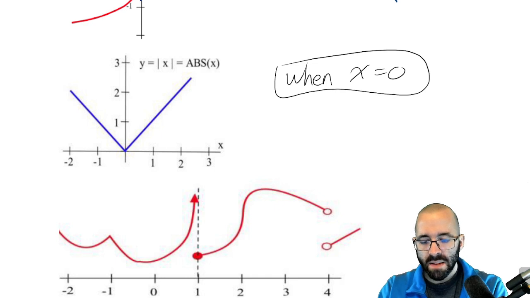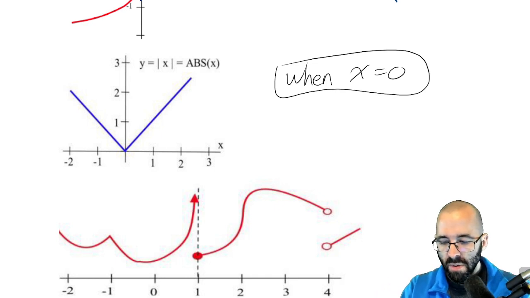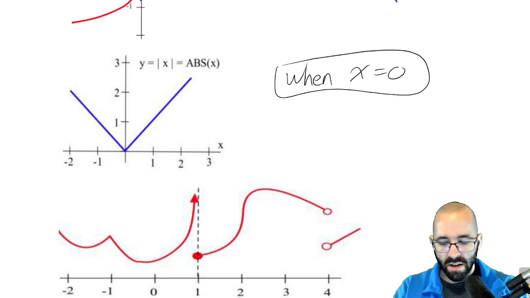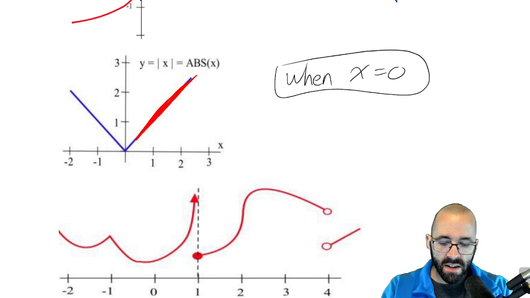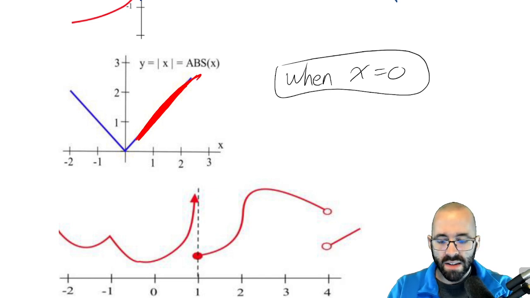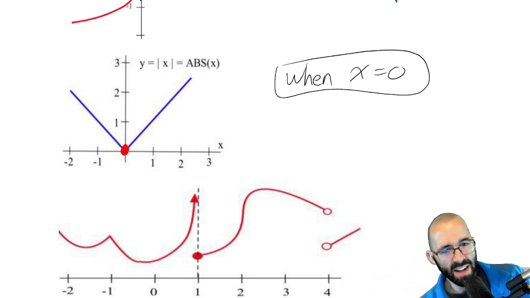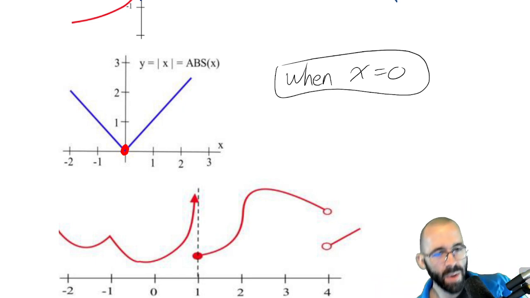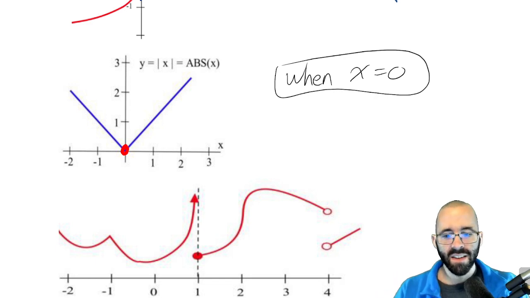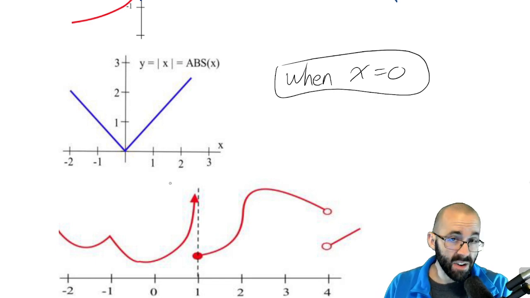And this can kind of make some sense, because from the left, what's our slope over here? Our slope is -1. From the right, our slope is +1. Where they meet, well, it's kind of -1, but it's also kind of +1. It's a little bit of both. The derivative doesn't exist. It's different from one side compared to the other.